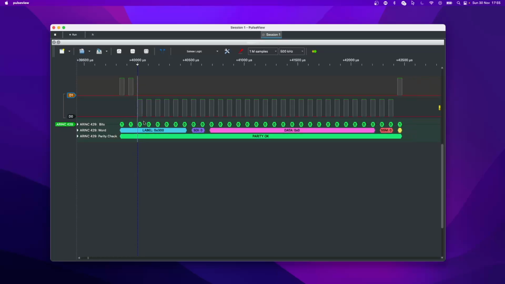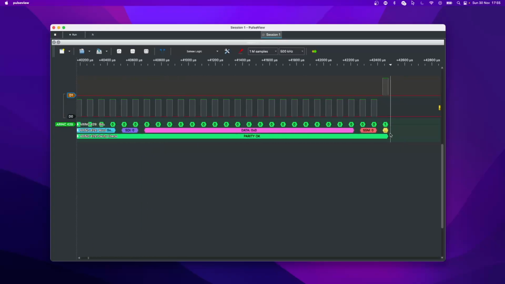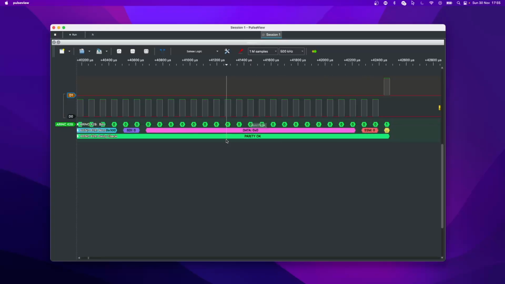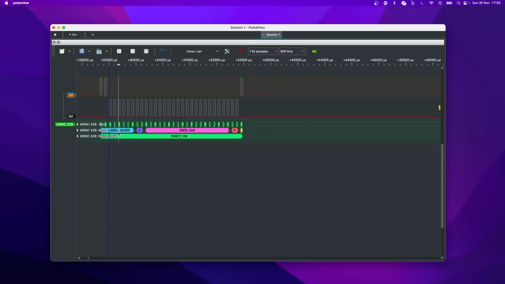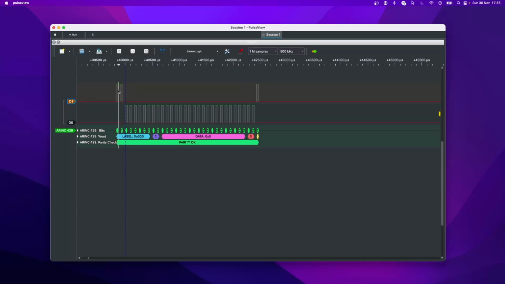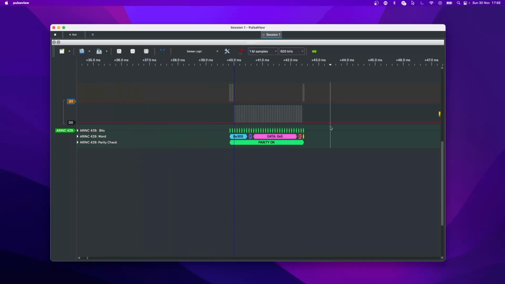Apparently, the first message sent by the ACP is labeled 300, coded in octal, with SDI equal to 0 and data and SSM equal to 0. The parity is okay because the parity must be odd, so we have 3 bits equal to 1, this one here, then the second one here, and this one here.